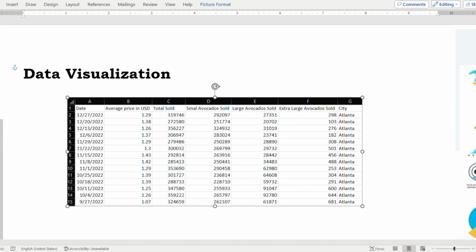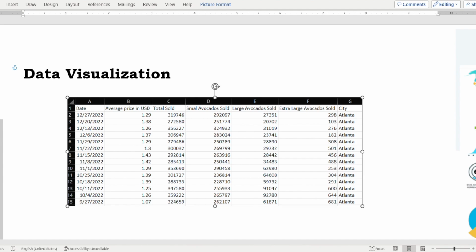This is where visualization of data comes into the picture. If this data were plotted in a bar graph, it would be easier for us to understand and explain to others. Data visualization is the mechanism of representing raw data in the form of graphical representation that allows the user to explore the data and uncover quick insights.